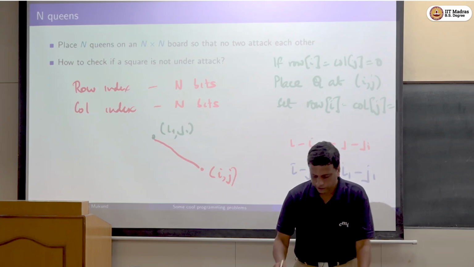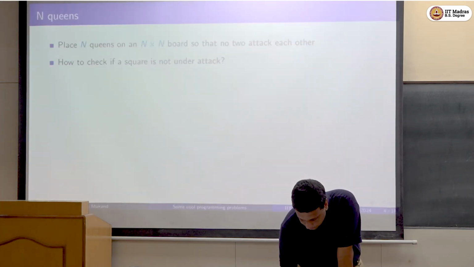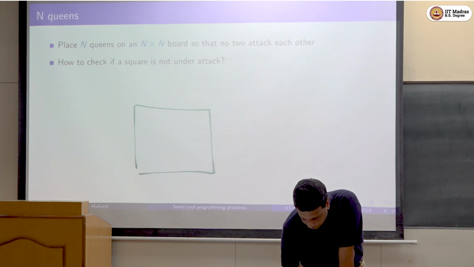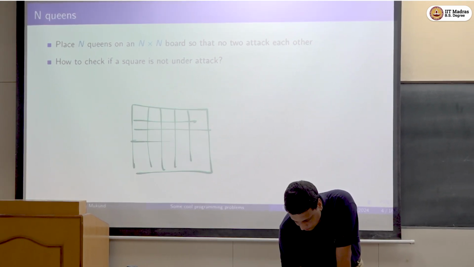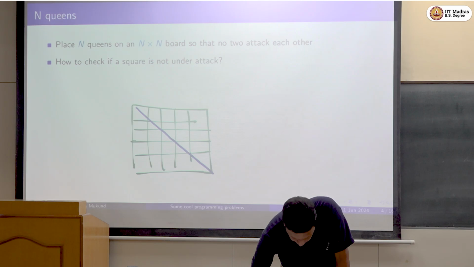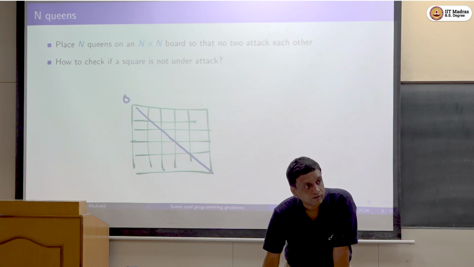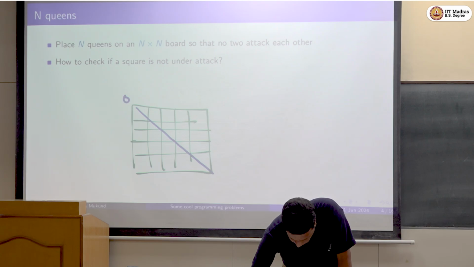So if you draw it on a simpler board, this one, row minus column is 0. What is this one?